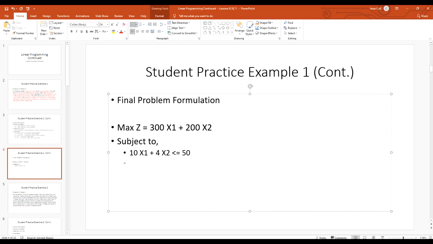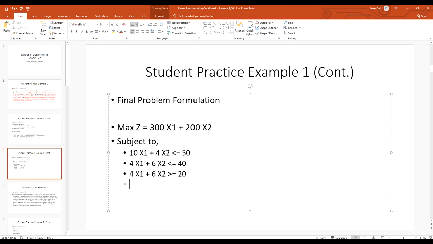Our second constraint, 4x1 plus 6x2 less than or equal to 40. Our third constraint, 4x1 plus 6x2 greater than or equal to 20, because that's our minimum usage of fiber.